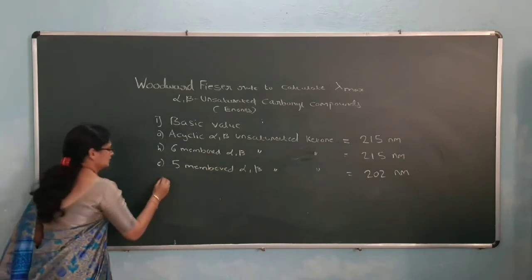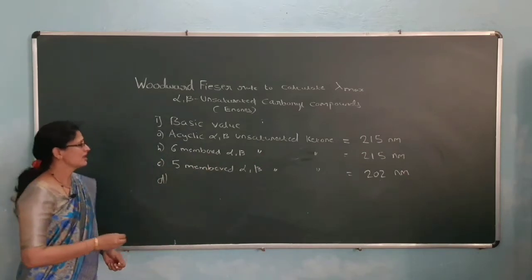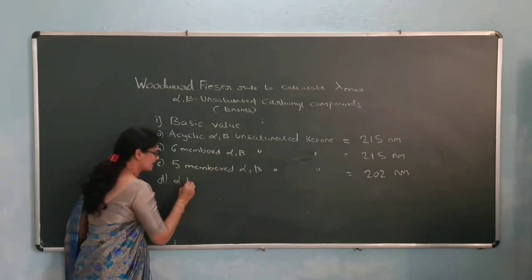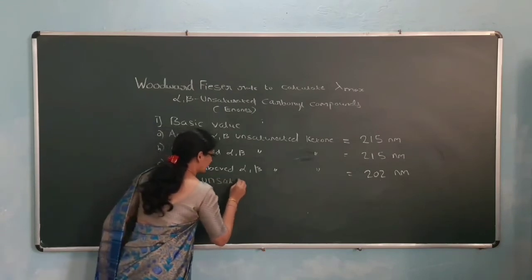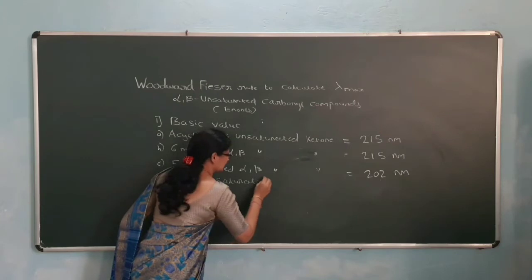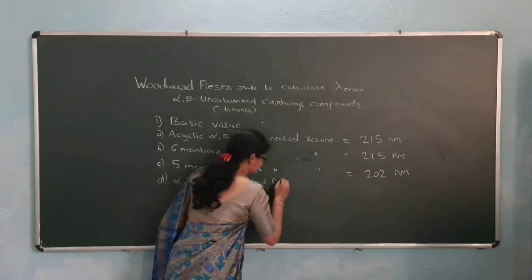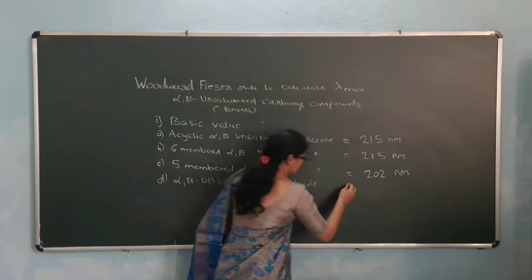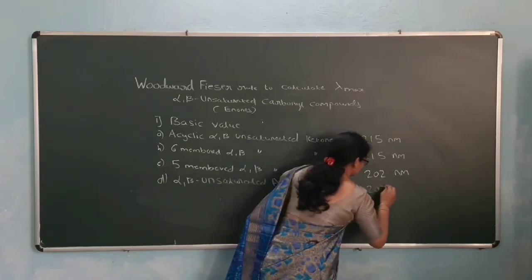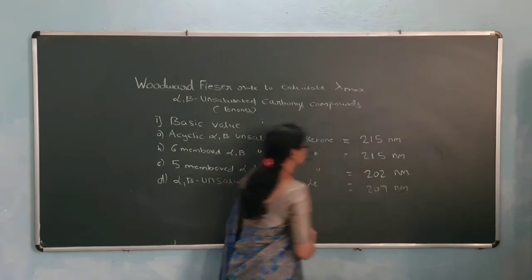Then the fourth one, if it is an alpha beta unsaturated aldehyde, that is equal to 207 nanometer.